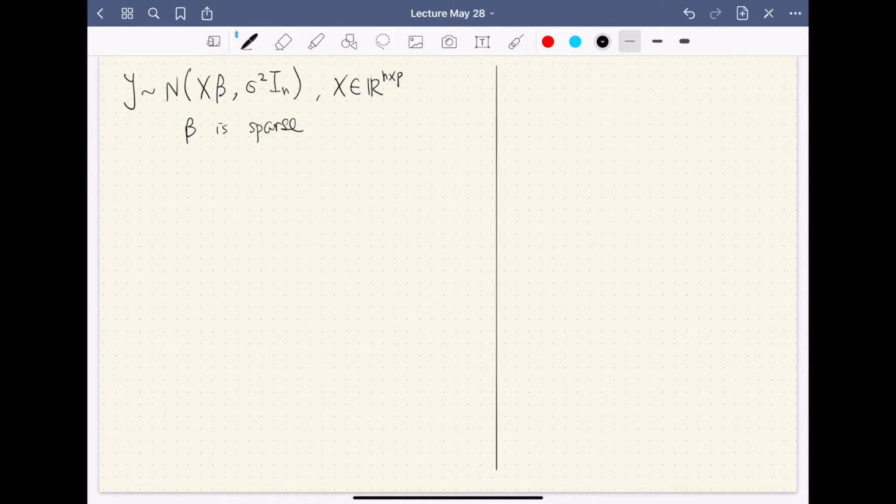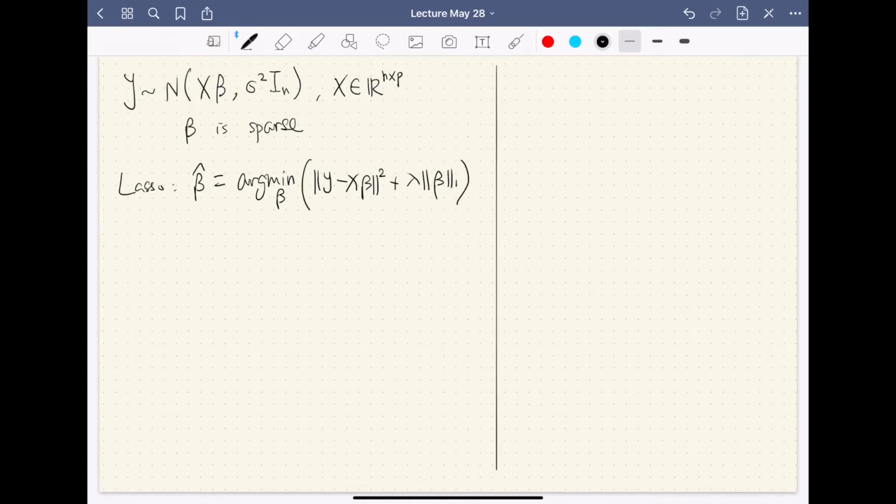The lasso algorithm optimizes the following problem. Lasso is defined as the global minimizer of the penalized least square problem, and the penalty is given by the L1 norm of the regression coefficient.